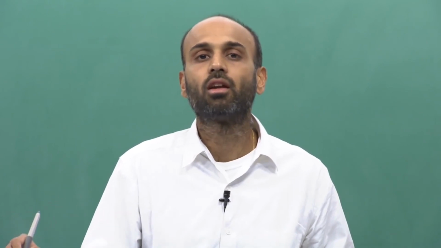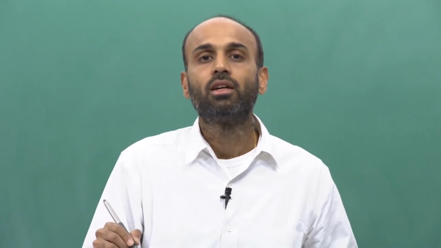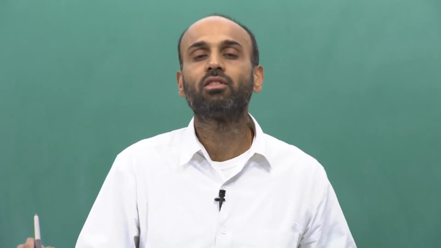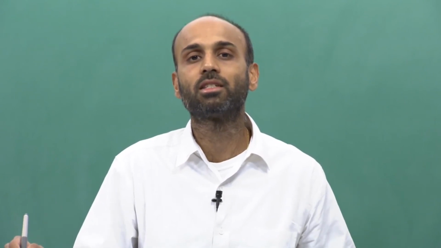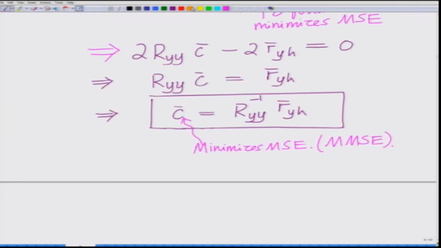That is the expression we have finally derived for the combining weights. Remember what is C bar? C bar contains the coefficients C1, C2, up to Cn, such that if you form C1 Y1 plus C2 Y2 and so on up to Cn Yn, that yields the linear estimate which minimizes the mean squared error, correct. So therefore, and now also to recall what is R yy, just recall briefly in case it is not already clear.